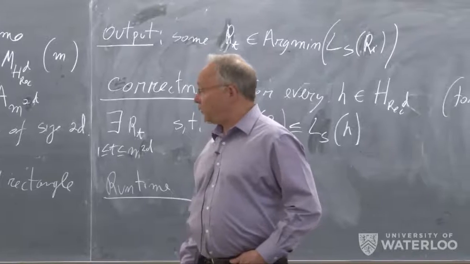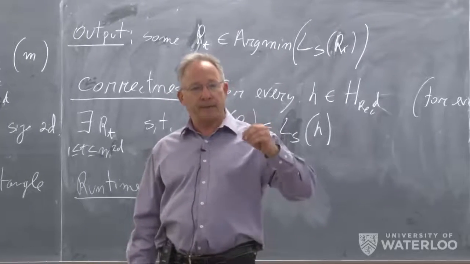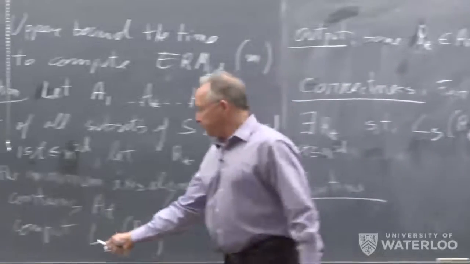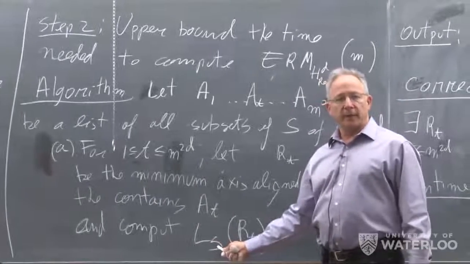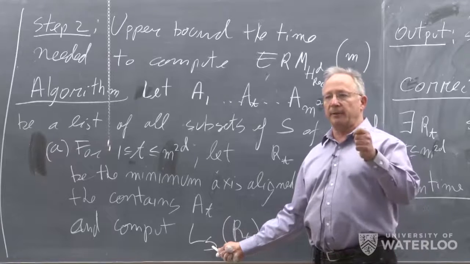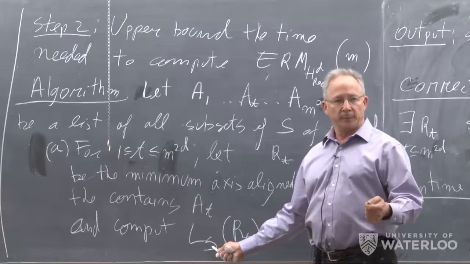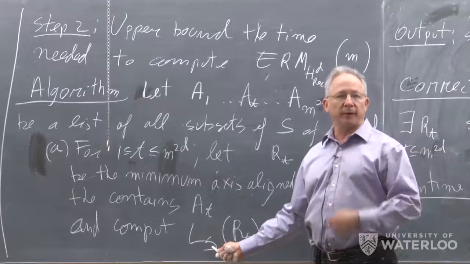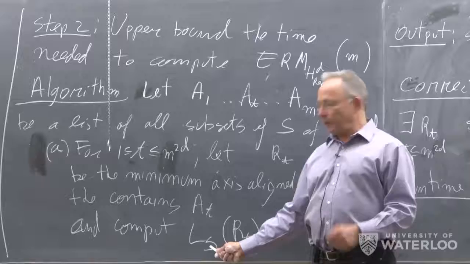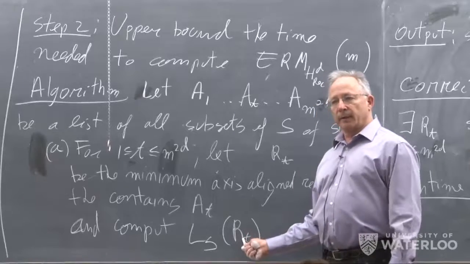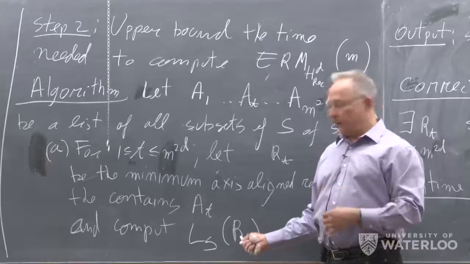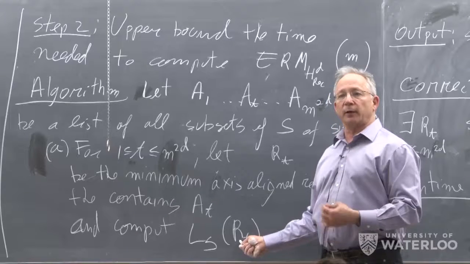I think it's O of m, because the expensive part here is computing the loss. I have to compute the loss over S. So I have to go over all points of S and mark, is this point labeled correctly or incorrectly? Because I have to count how many errors over S I make. So for every point in my sample, I check whether this rectangle gives the correct label or not.